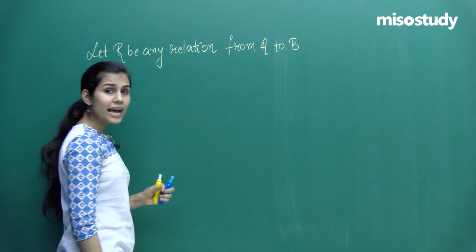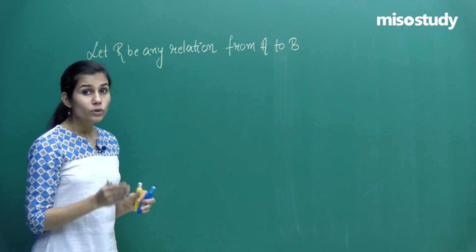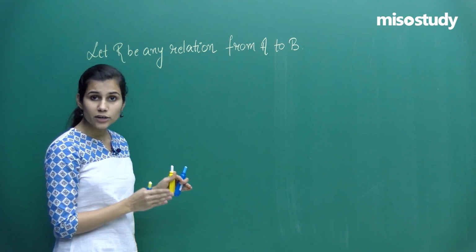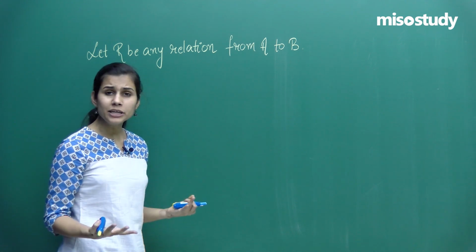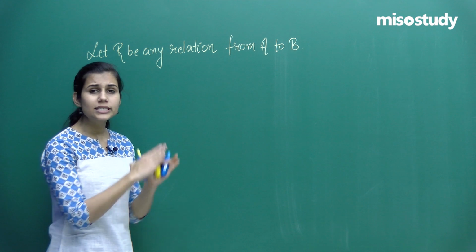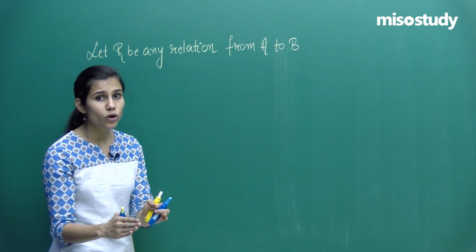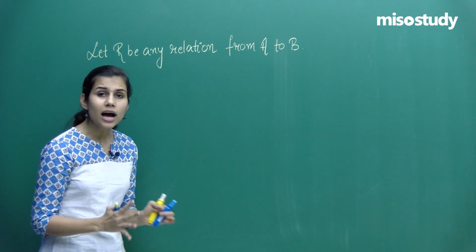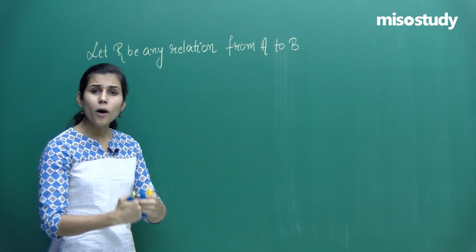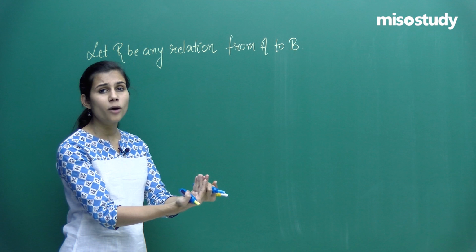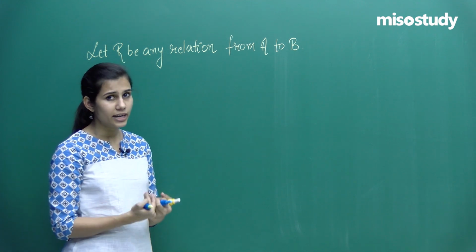Now this R can be obtained by a rule, which was happening in the last case that we considered in the example. Or you can even obtain R randomly without any rule, just directly in the roster form. In the last example which we did, we had to work hard to obtain from the set builder form the roster form of the same relation.